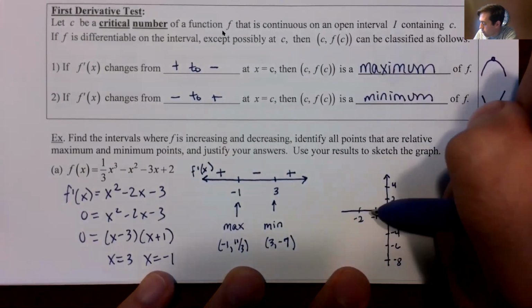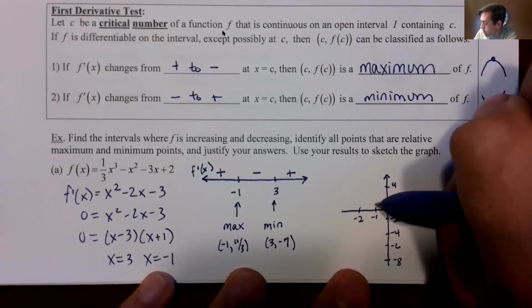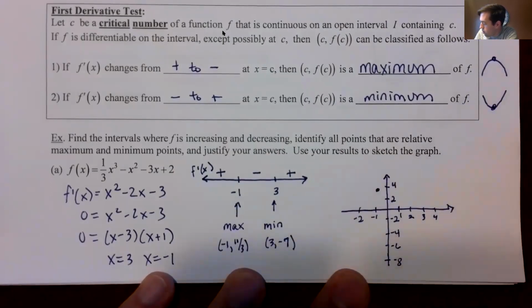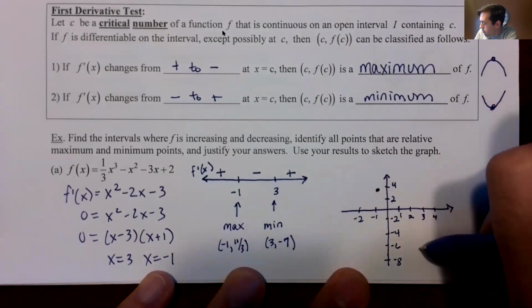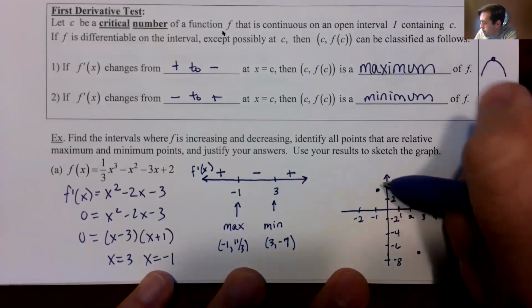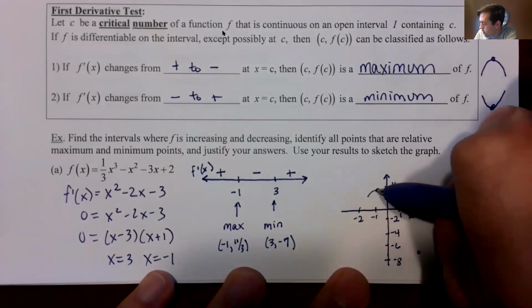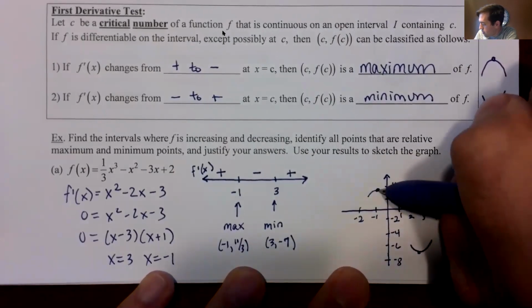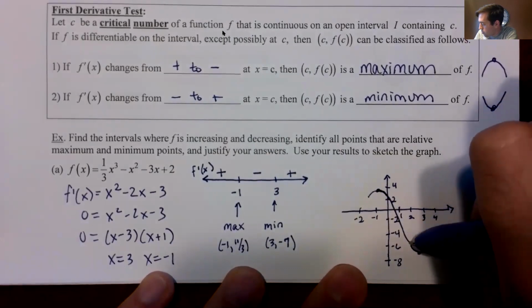So we have a point at -1, 11/3, which is 3 and two-thirds, so it's close to 4. And 3, -7. This is a max, so it's going to look like this. This is a min, so it's going to look like this. And then we just have to connect it without making any more maxes or mins.